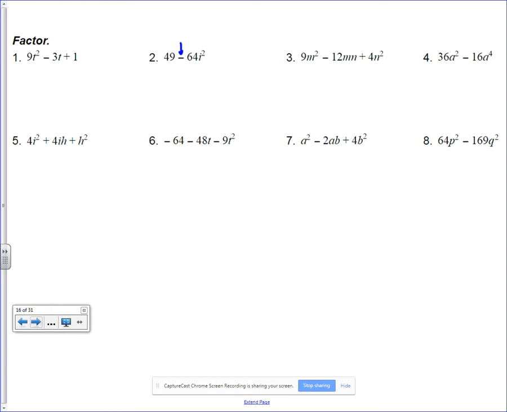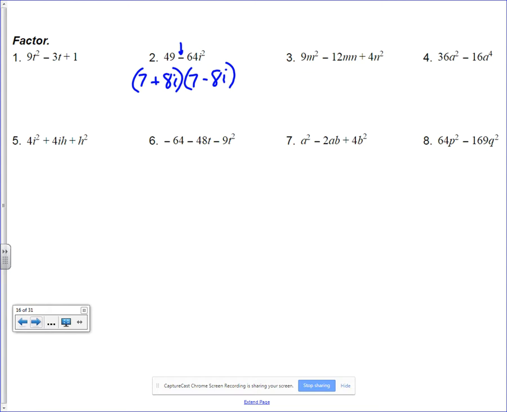Conjugates. If I make 2 conjugates, what 2 of the same number will multiply to 49? What 2 of the same number will multiply for 64i squared? 8i. And if they are conjugates, what does that mean about my symbols? Different symbols. Doesn't matter the order.